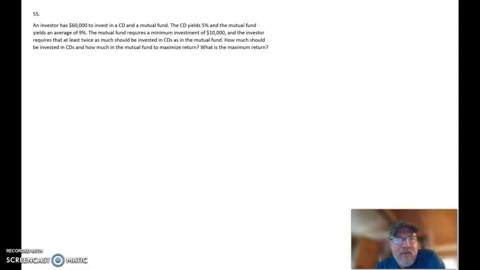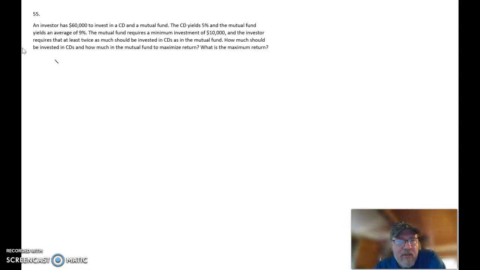Investor has $60,000 to invest in a CD and a mutual fund. So right away, I'm looking at CDs and mutual funds, and then I go to the question, how much in the mutual fund and the CD to maximize the return. So how much in the mutual fund, how much in the CD, that's your X and Y variables.